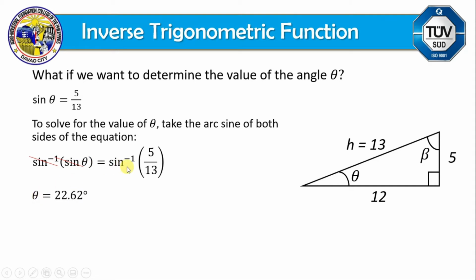And if we use the calculator, if you are holding your calculator now, look above the sine button, and you will see something written in yellow, the symbol arc sine. The yellow means you need to press the shift button of the calculator, then press the sine button so that it appears on your calculator. So arcsin, then open parenthesis, 5 divided by 13, and the answer will be theta is equal to 22.62 degrees.